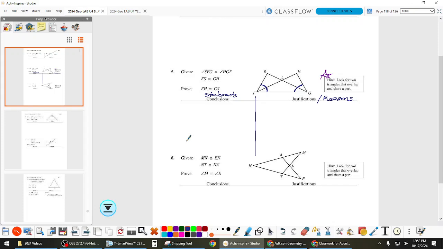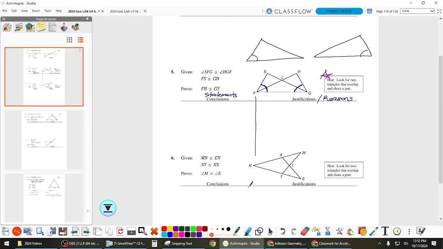slashing through the middle. So here's my suggestion. And it's usually very helpful to students. And that is redraw these two triangles, not overlapping. Now we can mark that angle and that angle as congruent.